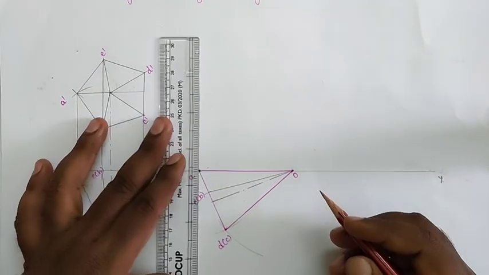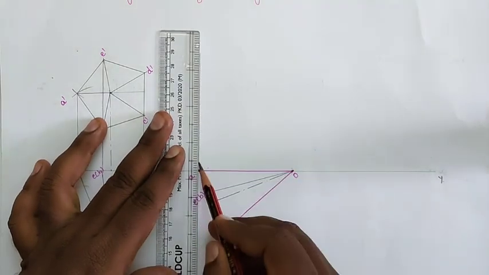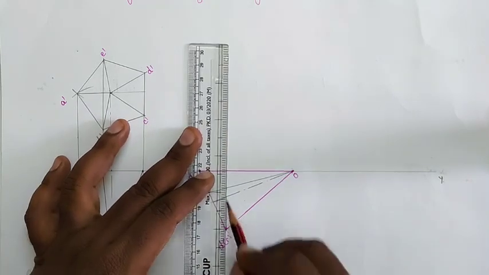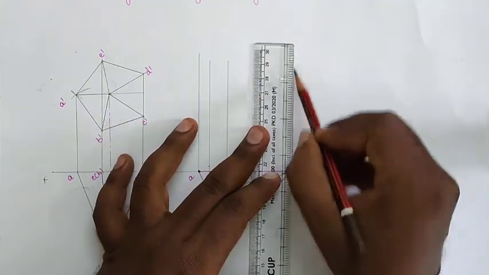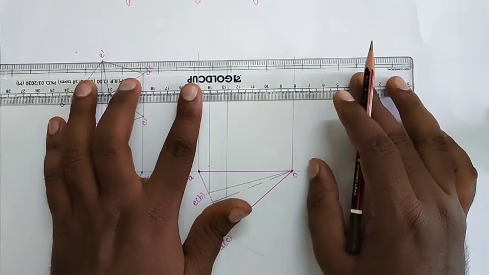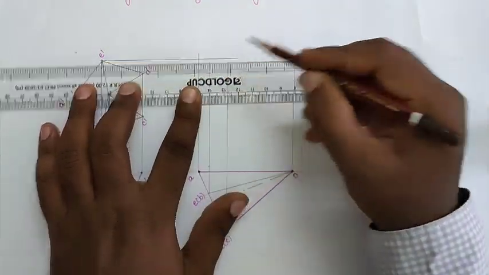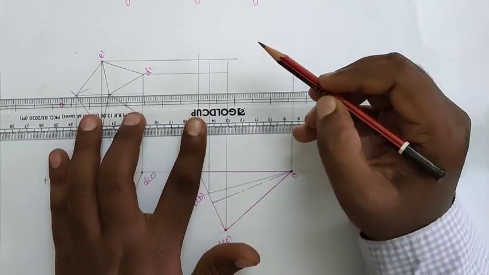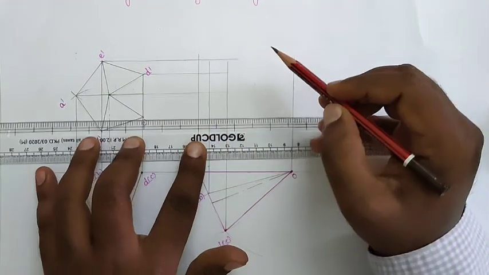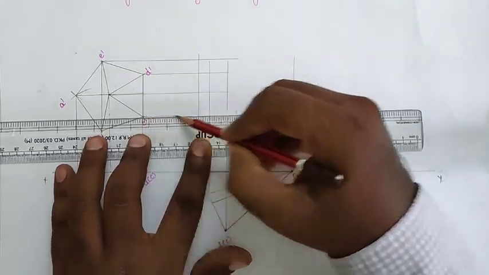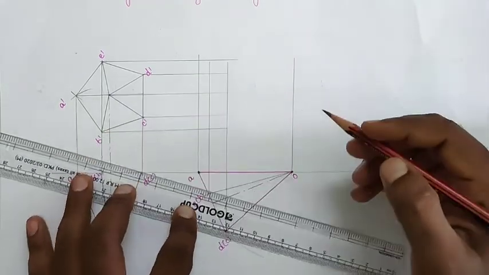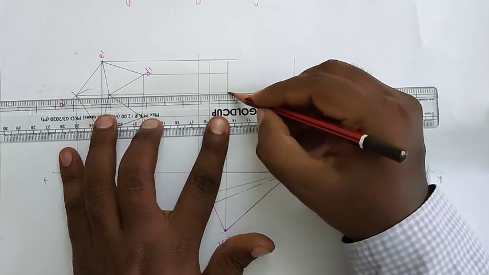After drawing the second top view, draw the vertical projection lines from the points on the second top view. Similarly, from the first front view, draw the horizontal projection lines. So locate all the points.